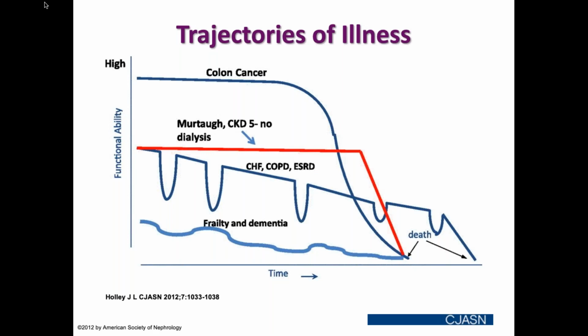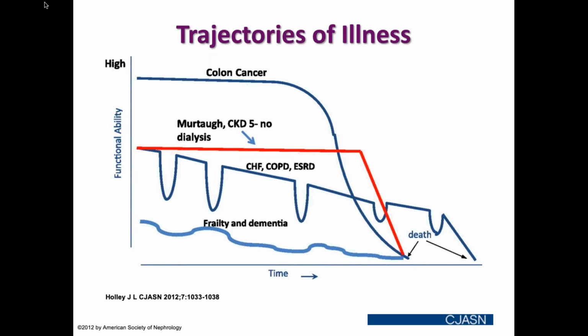While the disease is being treated, the patient usually maintains a relatively high functional status until late in the course of the disease, when it becomes metastatic, and the patient rapidly goes downhill and dies.